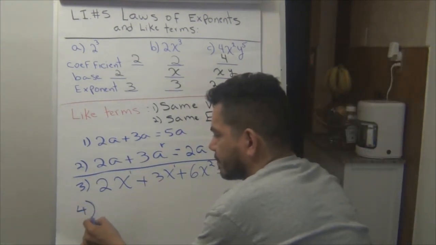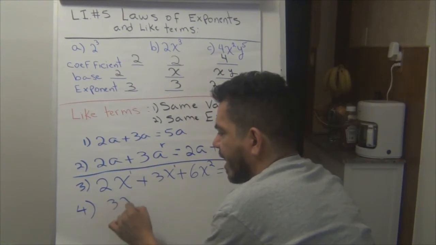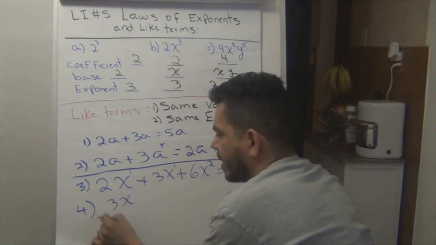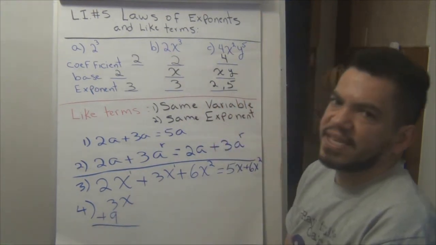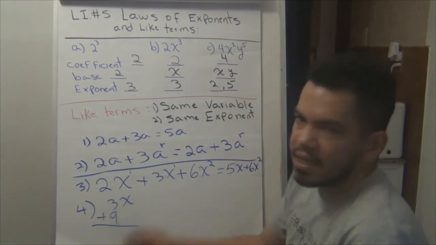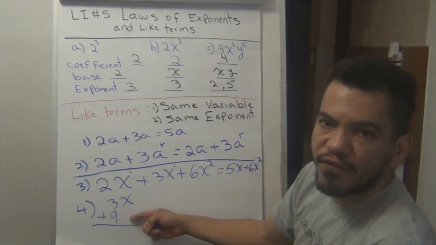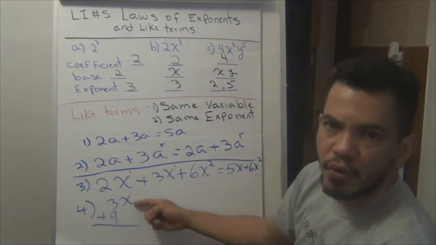Another example. If I ask you what is 3x plus 9, please don't tell me it's 12x. Please don't tell me it's 12. Please don't even think about it. Variable, no variable.